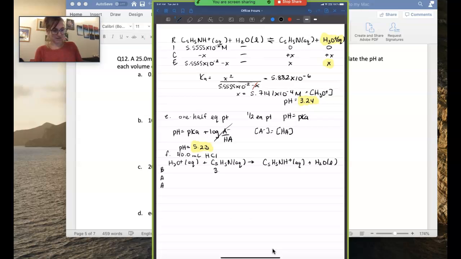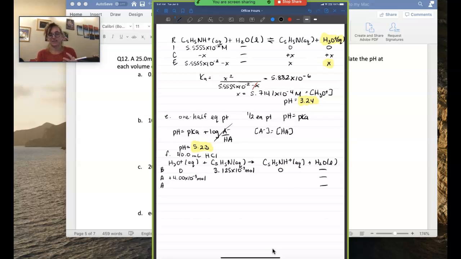We started off with 3.125 times 10 to the negative third moles of pyridine in our beaker before we added anything. And now we're adding 40 milliliters of a 0.1 molar hydrochloric acid solution. So we're adding in 4 times 10 to the negative third moles of these hydronium ions.